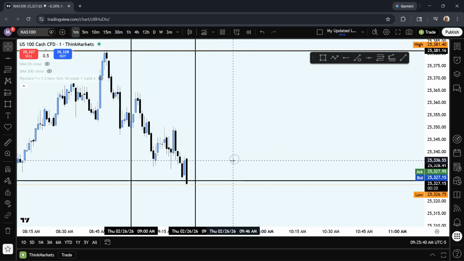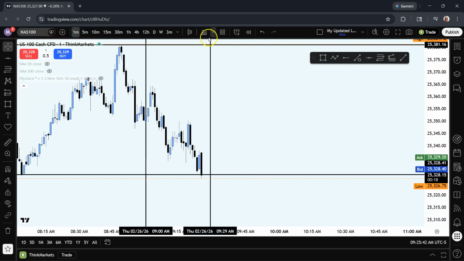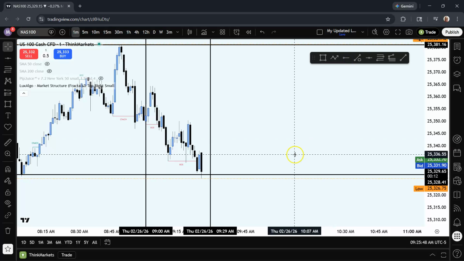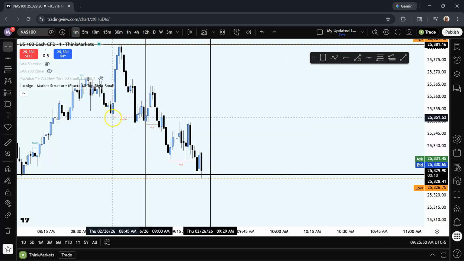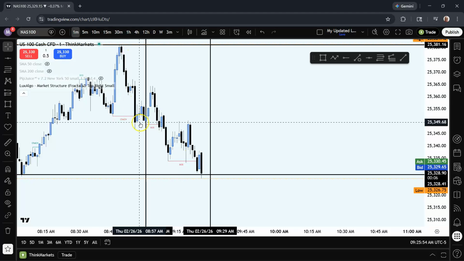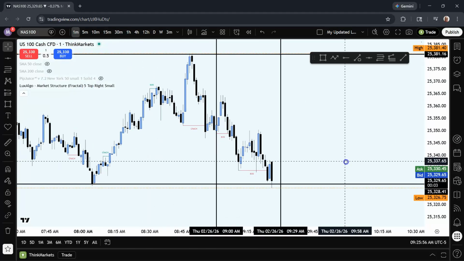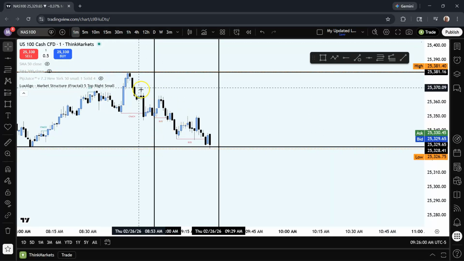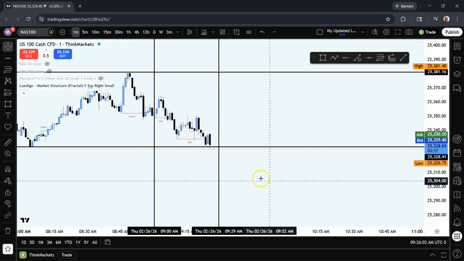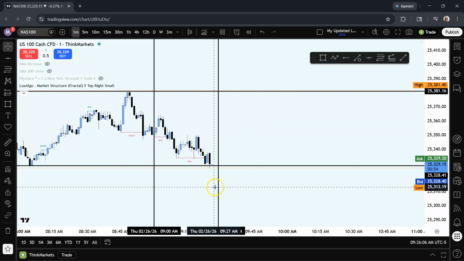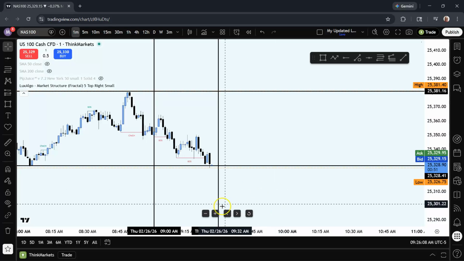If I grab this tool here, market structure, change of character, we see that the market has changed character, break of structure, so it's trending lower, right? So I don't want to take any sell trades. I want to focus on buy trades because according to the higher time frames, the market's trending higher.